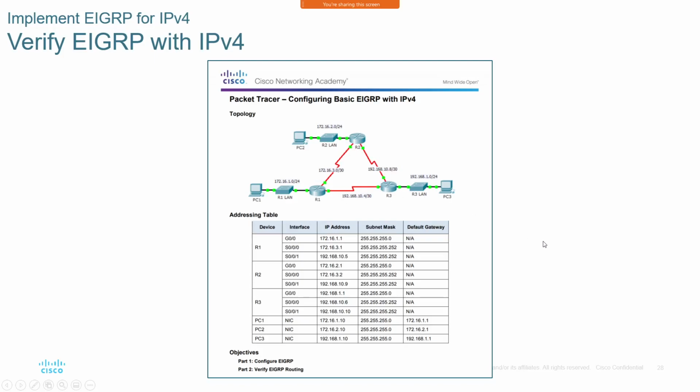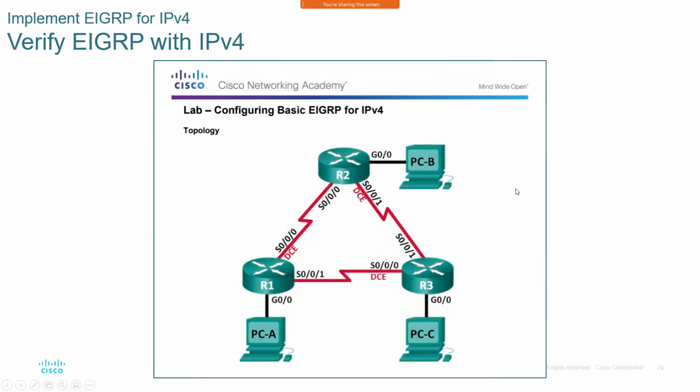So if everything is configured correctly, you'll be able to see that every single one of the routers will learn about all the networks that are connected to all the different routers. There's also another lab for you guys to do. This would be more of a physical lab. You can also try to do this one in Packet Tracer as well. It would basically be pretty much the same thing.